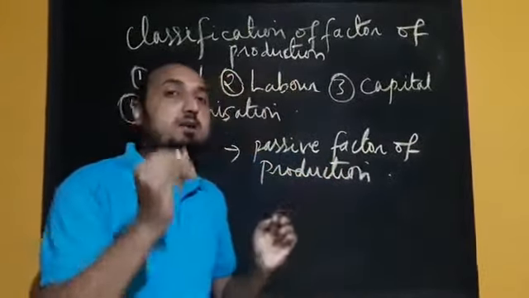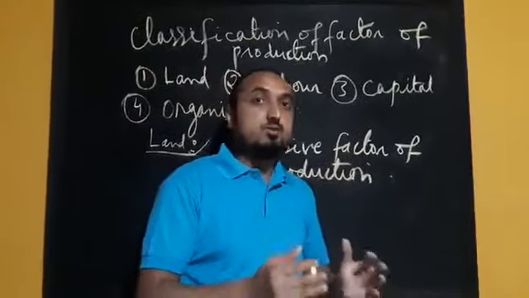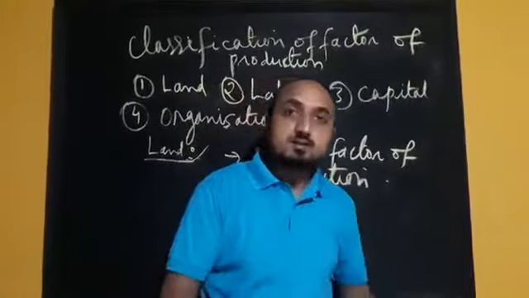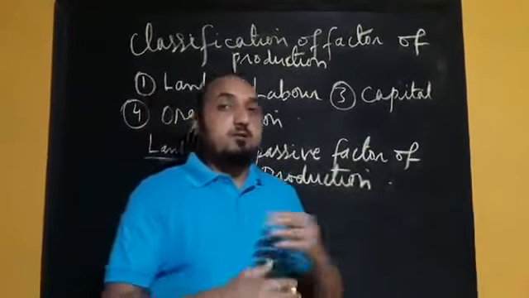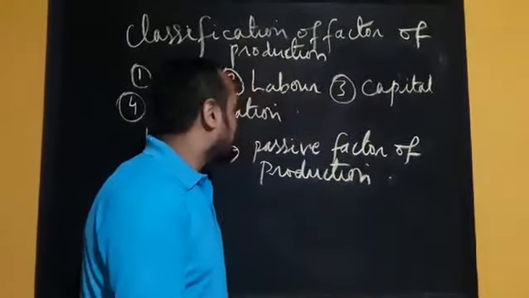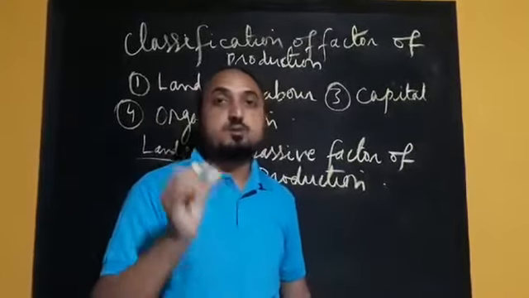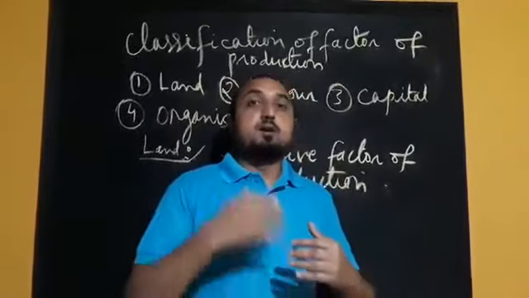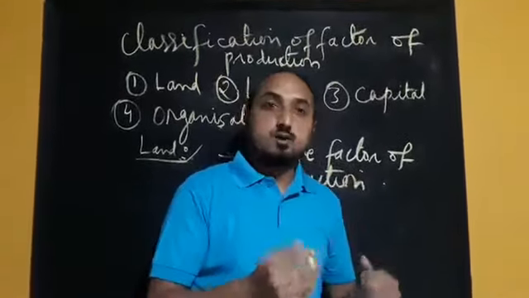At least labor is needed to operate that land. So that's why land cannot produce by itself. It is a passive factor of production because it cannot produce on its own. Some other factors of production must be needed to operate that land.